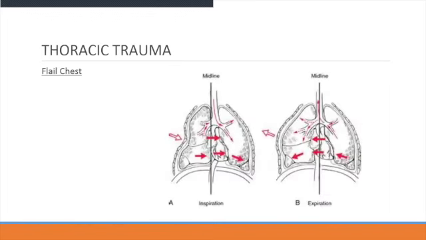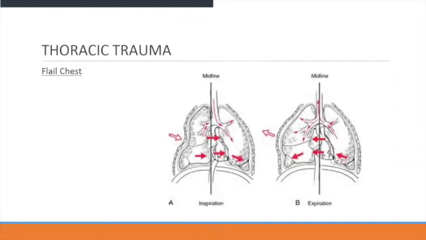So here is how a flail chest works. You usually have at least 2 or 3 or more broken ribs that may or may not be connected to fractures of the sternum; the sternum may or may not be fractured also.